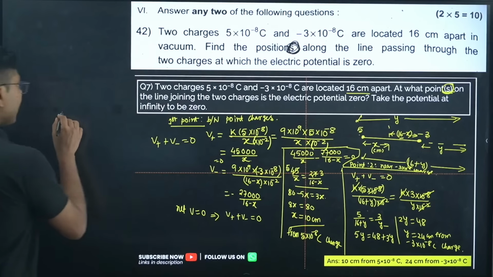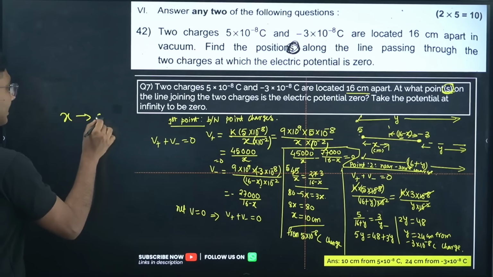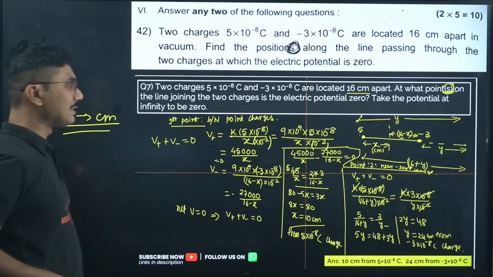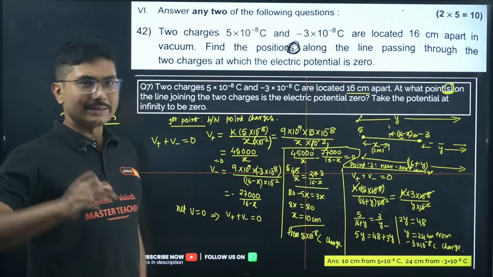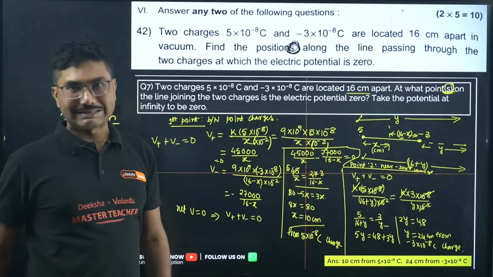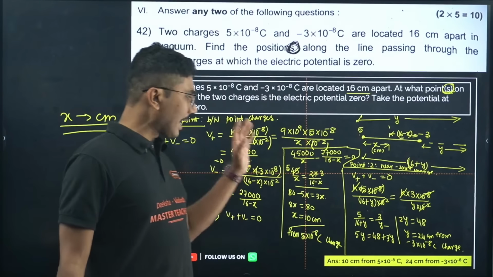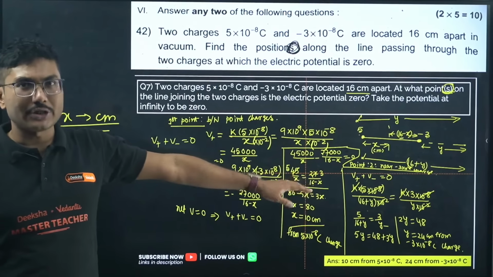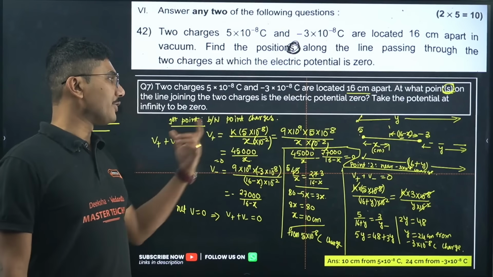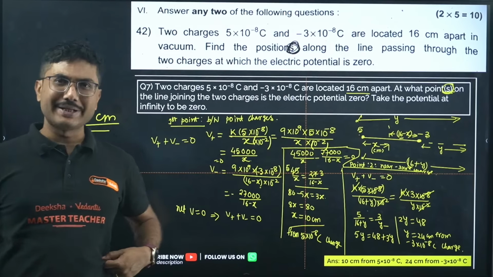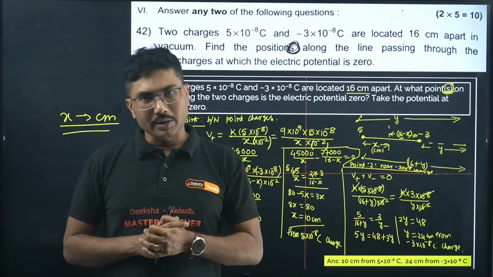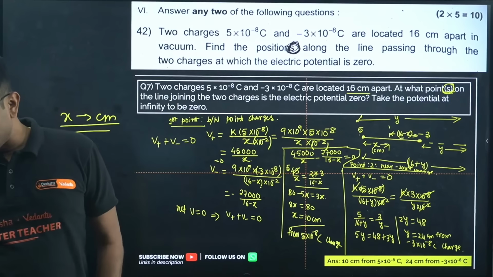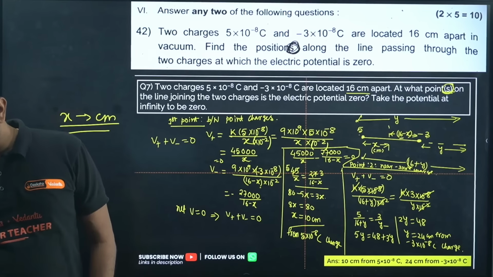If you have mentioned x centimeter in the assumption that the distance is x centimeter, then it's fine, because centimeter will cancel. Okay, so if you have calculated for both positions, in case you forget to mention conversion of centimeter to meter, at most 1 mark will be deducted. And if you are lucky, it may not be deducted.